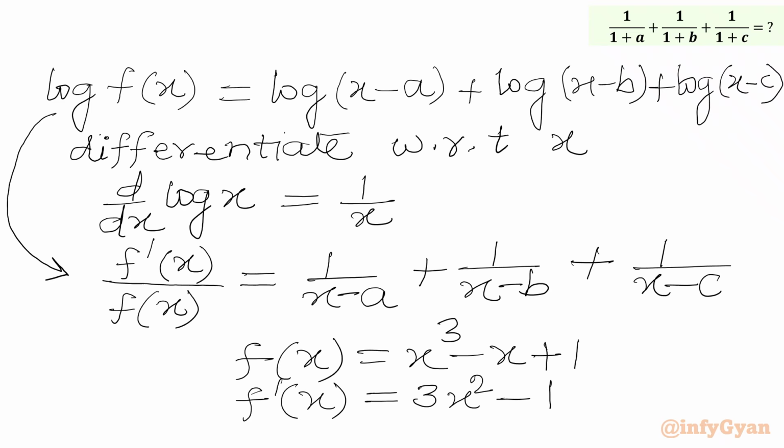Now we have to find out this expression 1 plus a, 1 plus b, 1 plus c in the denominator. So I will put x equal to minus 1 so that we'll be getting minus of bracket 1 plus a in the denominator, minus of bracket 1 plus b in the denominator, minus of bracket 1 plus c in the denominator. So let us put x equal to minus 1 first.